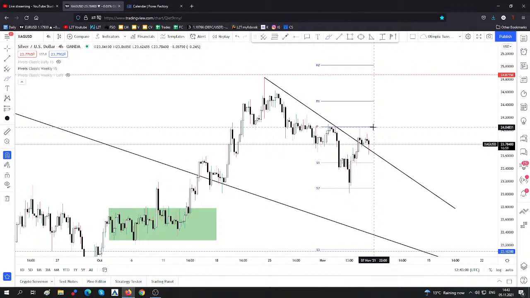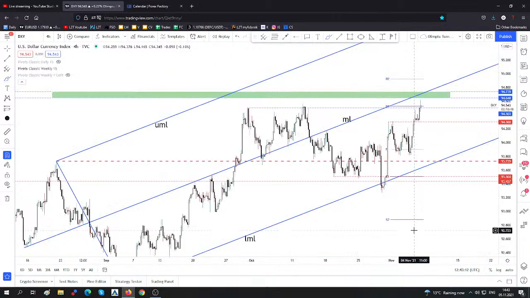But we'll have to wait because the dollar index could still increase after a temporary drop. Right now the dollar index is in the green again, so maybe the price of silver and gold will drop.